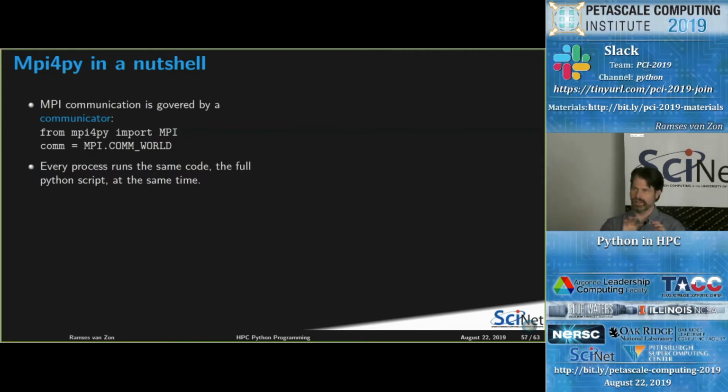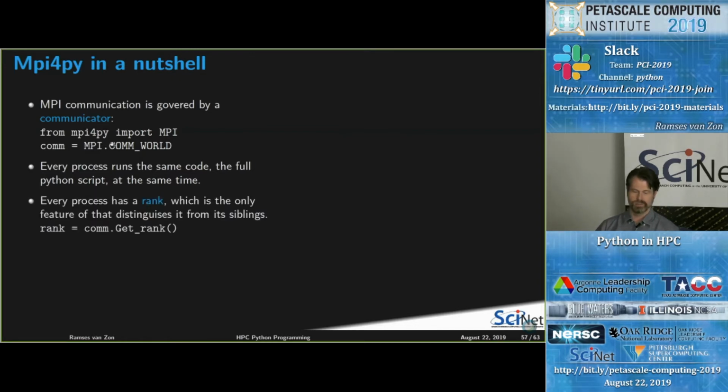Where are they in this list of processes? And depending on where they are, they can do something else. Where they are goes by the name of the rank. So you have a rank from 0 to n-1, where n is the number of processes. And you can get that from the communicator. Inside the communicator, you are a certain rank. How do you get it? comm.Get_rank.